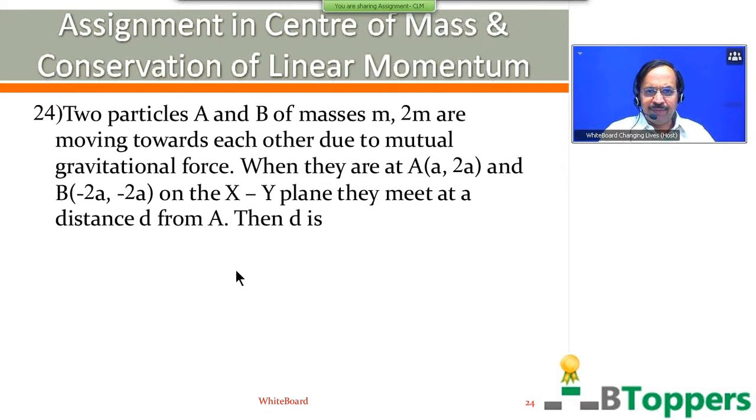When they are at A, (a, 2a), and another point B, (-2a, -2a) on the xy plane, they meet at a distance d from A. Then d is... Come on, try the question.